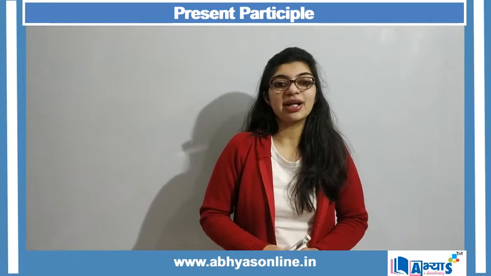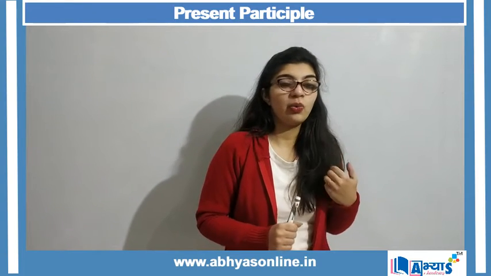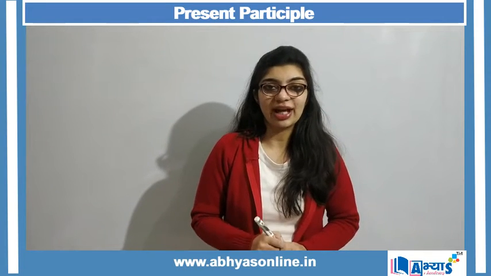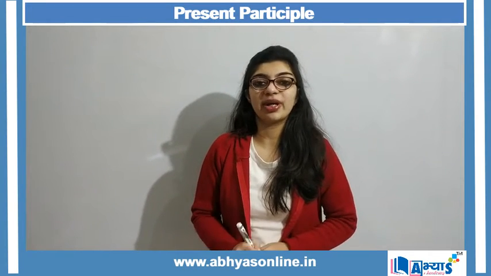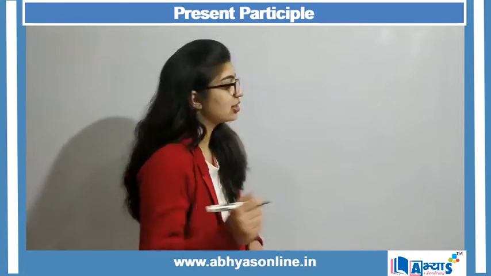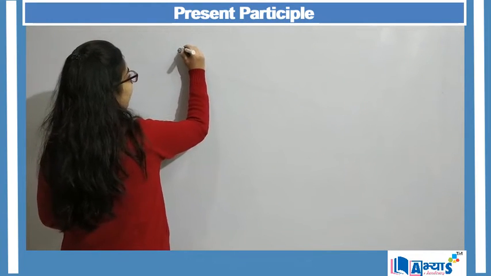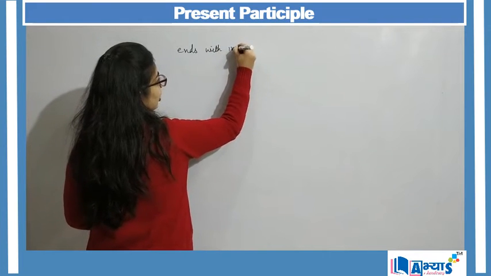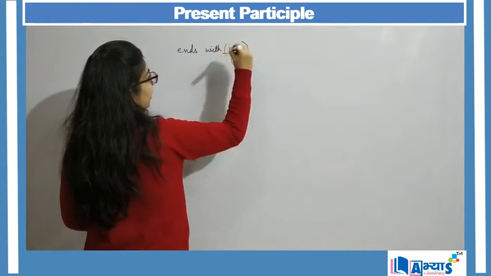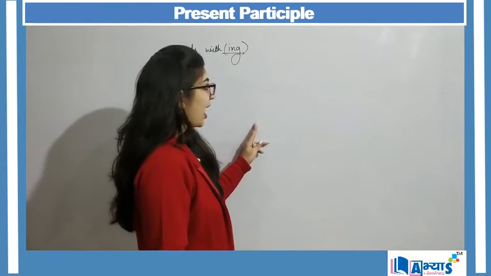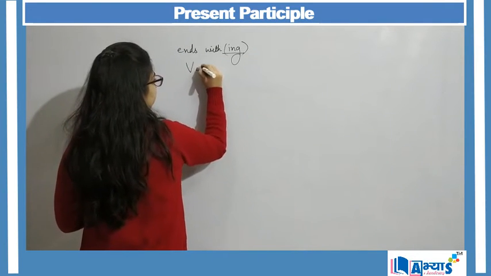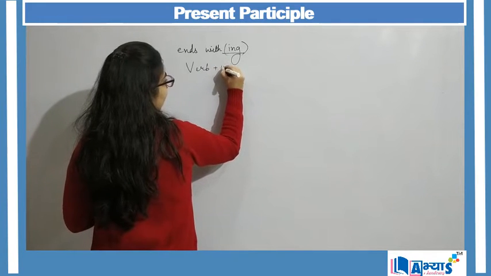Now present participle tense, now a way to find out if the tense is present participle is that it always ends with ing. So present participle ends with ing. It ends with ing means that the actual word is verb plus ing.